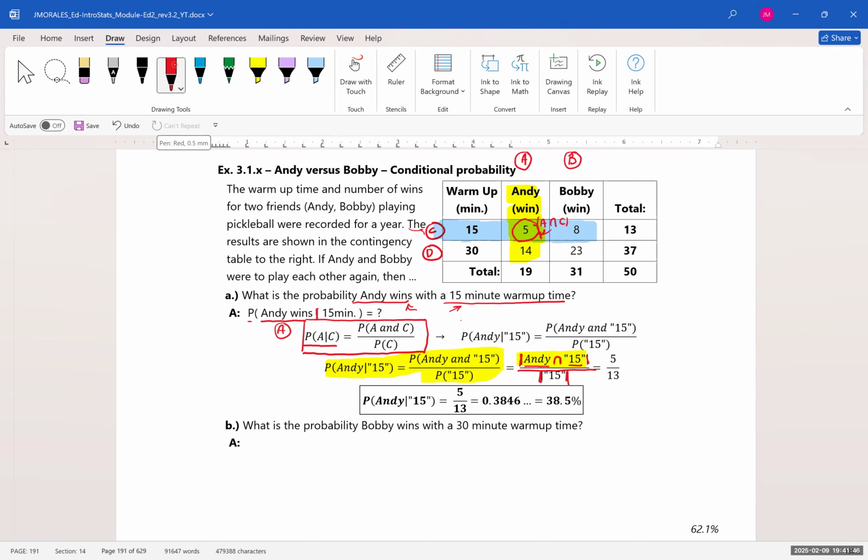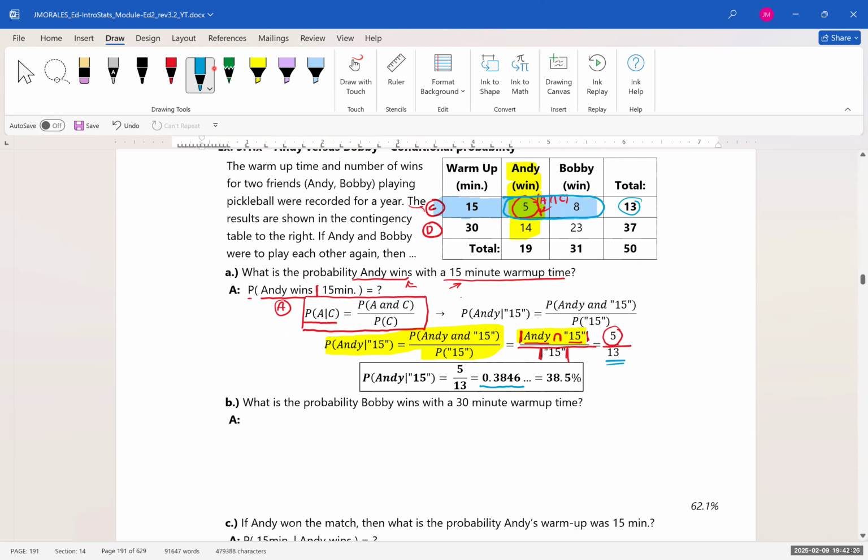And so the order of that intersection is 5, divided by the order of event C, which is a 15-minute warm-up. This right here would be event C, and 5 plus 8 is 13. So the order of a 15-minute warm-up is 13. So 5 divided by 13 gives us 0.3846, or 38.5%.